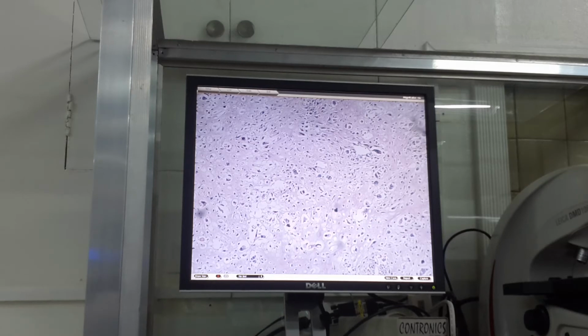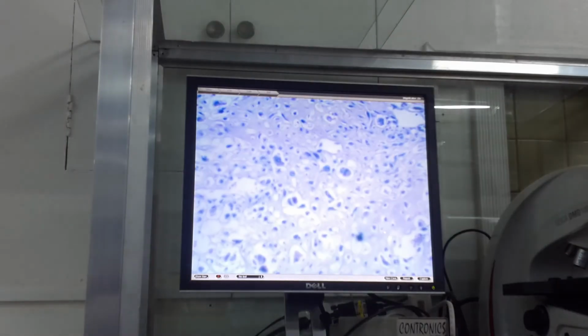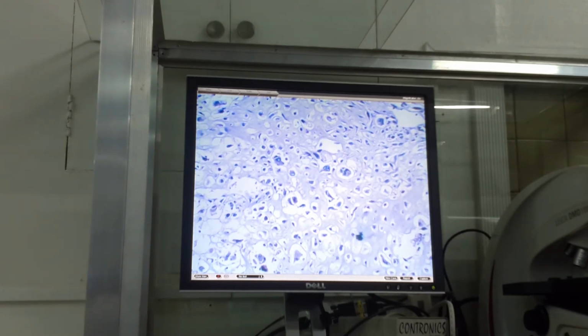Ayun. Ang teeny-weeny pointer, this one. That's the osseous matrix. Okay? Osteoid matrix yan. Kulay pink. Okay? Malignant cells producing the osteoid matrix, that's osteosarcoma.